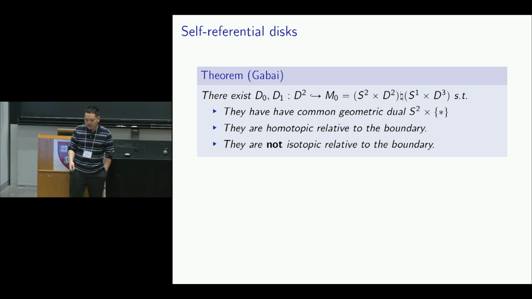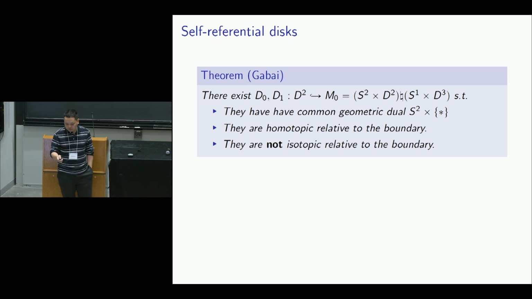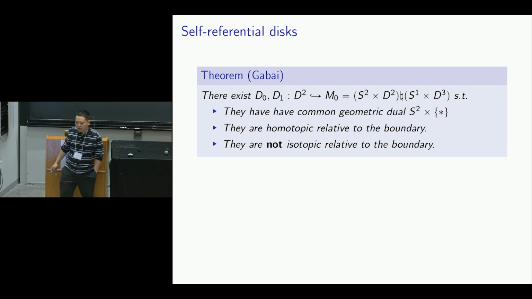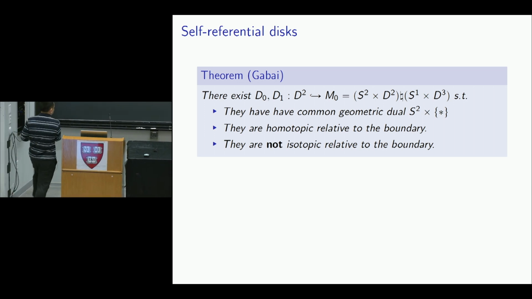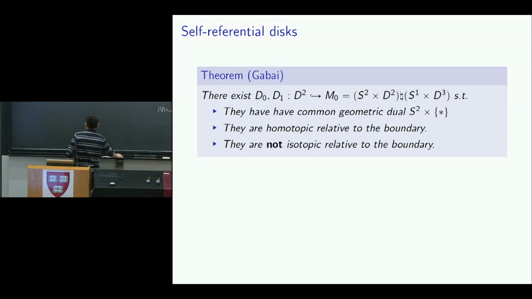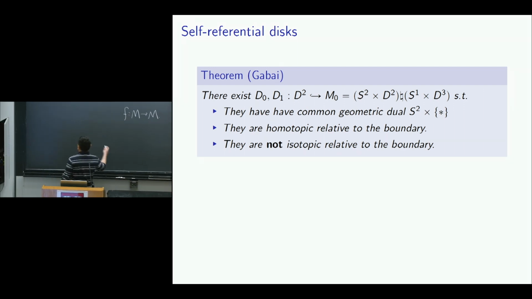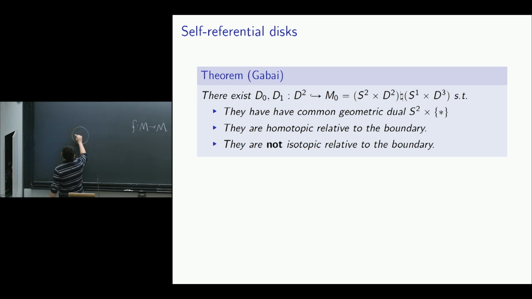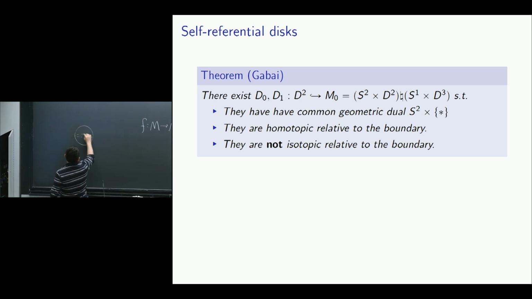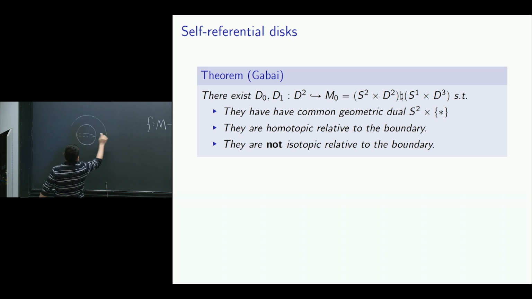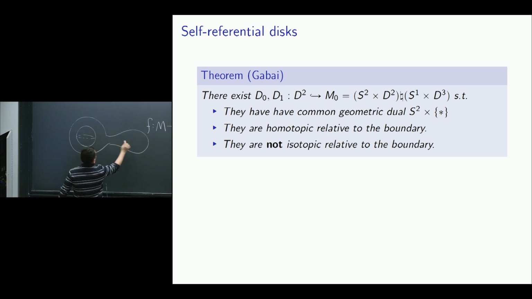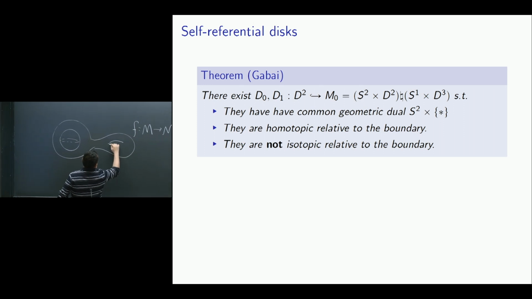It states that if we consider M0, the boundary connected sum between, let me draw this picture. I think this is a very interesting example. So we consider this boundary connected sum. It's a kind of funny four-dimensional picture, okay?